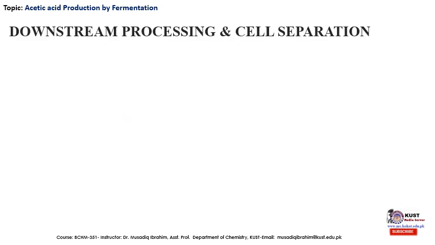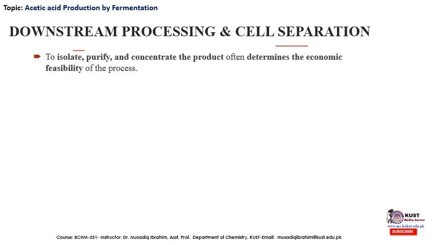Now moving towards the downstream processing and cell separation, which we have discussed in the earlier lectures in detail. So to isolate, to purify and concentrate the product often determines the economic feasibility of the process.